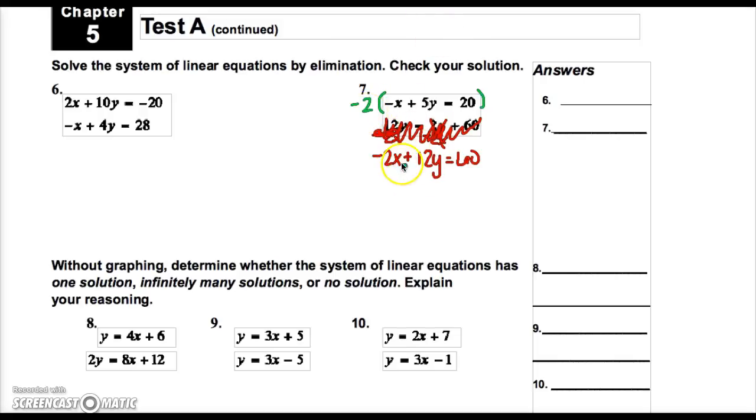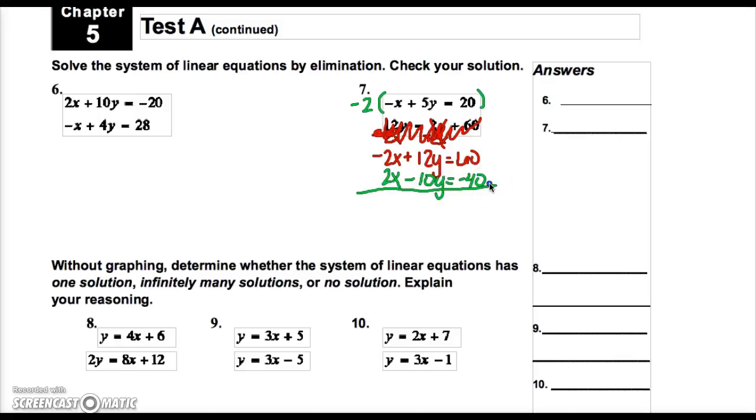So I'm just going to write this right down below here. Whenever I multiply this all the way through, negative 2 times negative x is a positive 2x. Negative 2 times 5y is negative 10y. And negative 2 times 20 is negative 40.